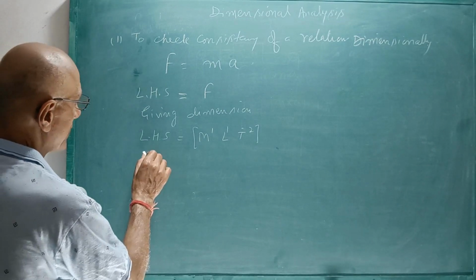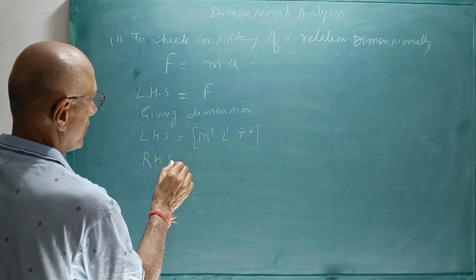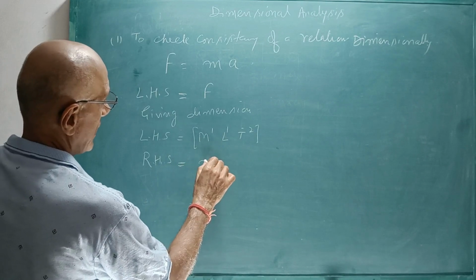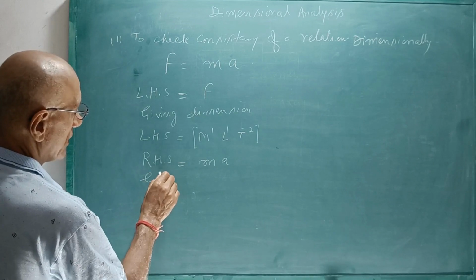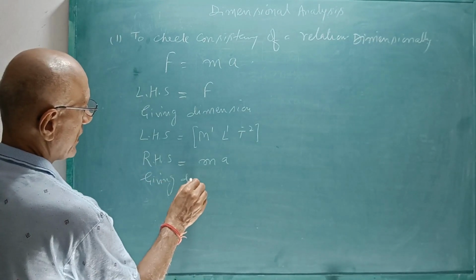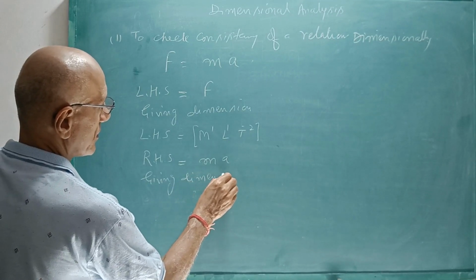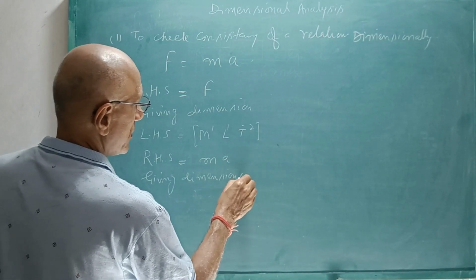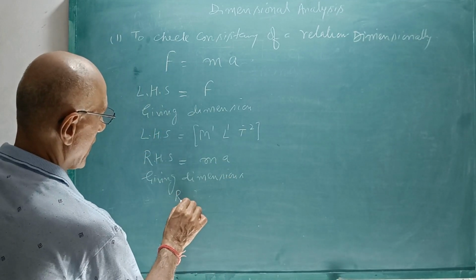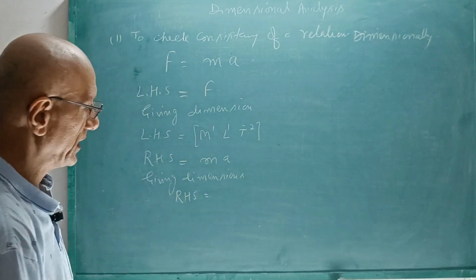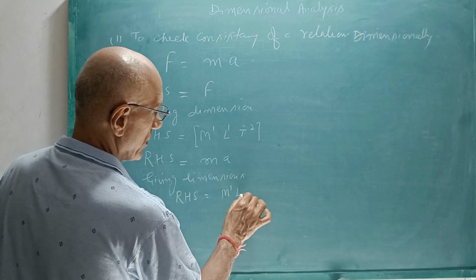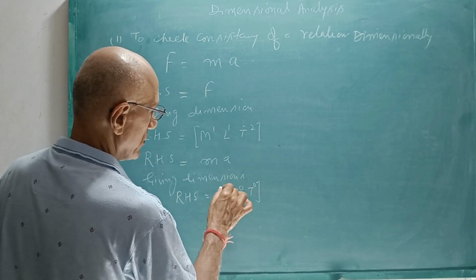Now the right hand side is equal to M into A. Again giving dimensions, we get RHS equals, the dimension of the mass is M1 L0 T0.